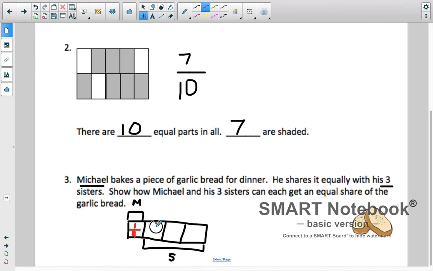So one sister gets 1 piece, and they split it into 4 pieces. So each person gets 1/4 of the garlic bread. And I drew it out, and I labeled it, and that's what the problem is going to be.